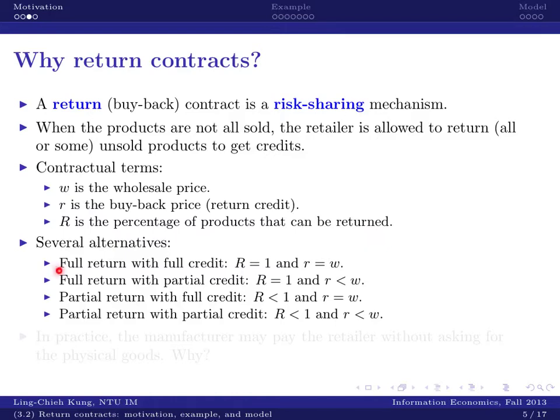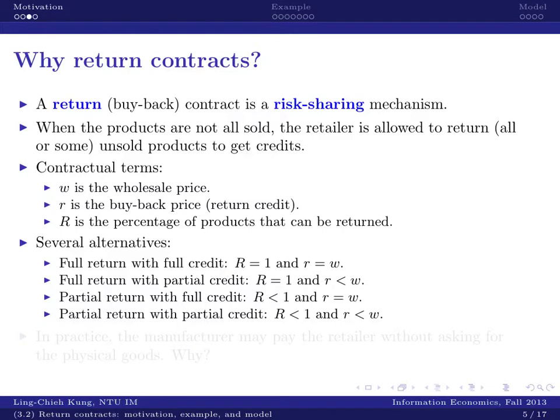The first one is the most generous one, full return with full credits. That means R is 1 and small r is w. You are allowed to return everything. And once you return something, I'm going to give you what you paid to me. Okay, that's full return with full credits.